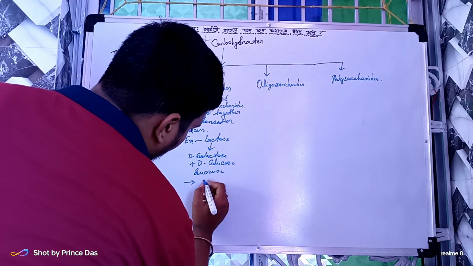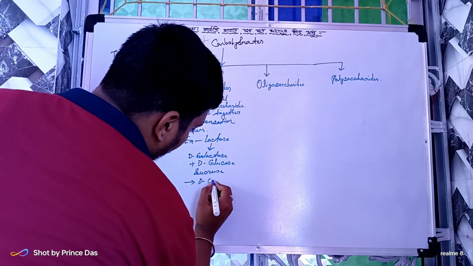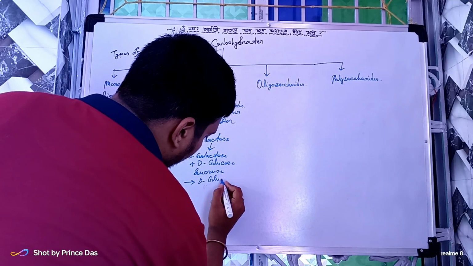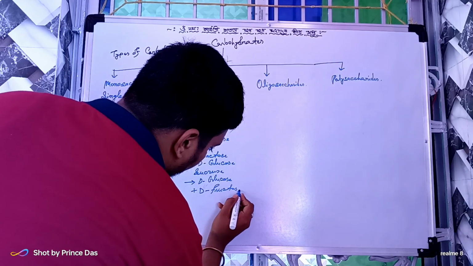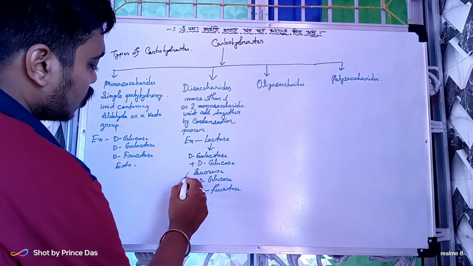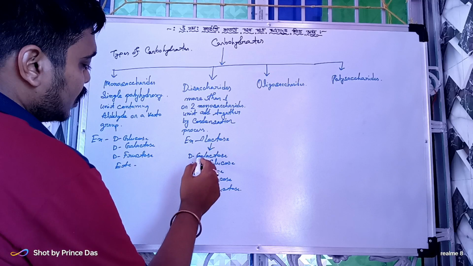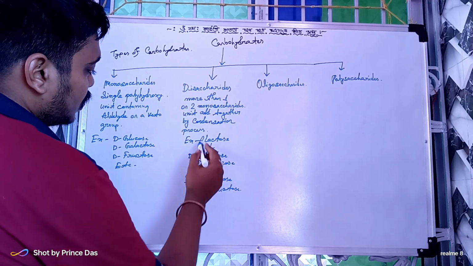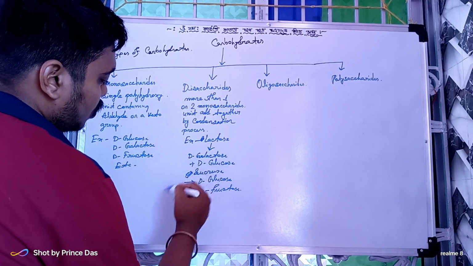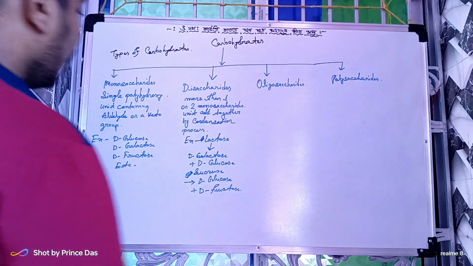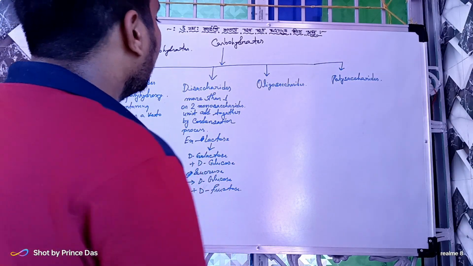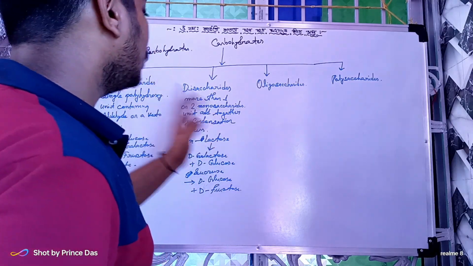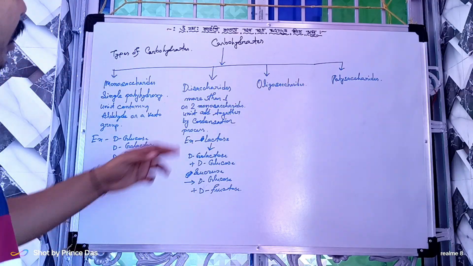Glucose plus fructose, that is sucrose. And lactose is D-galactose plus glucose. This is called disaccharide. A disaccharide carbohydrate means two monosaccharide units adding together by the condensation process.